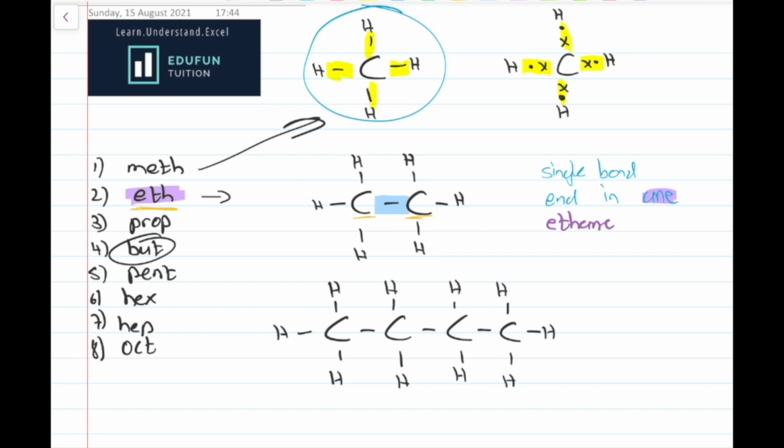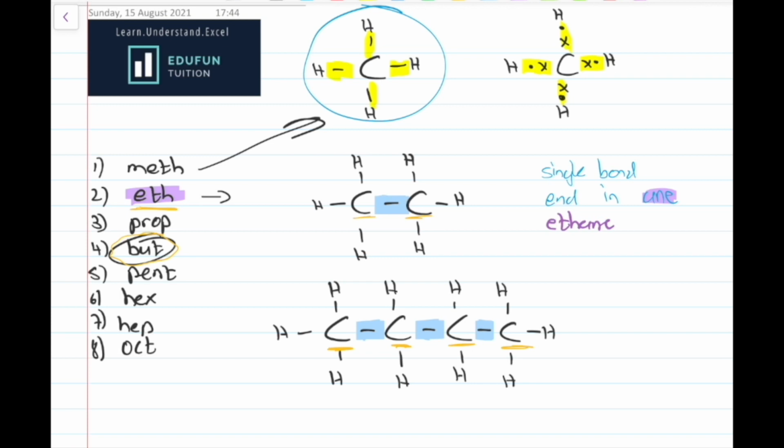Done. Now again, important to see that we have 4 carbons directly attached to each other, which would then entail that we should be dealing with a 4 carbon main chain, so but. And then all we do from here is we say this. There is definitely single bonds only between these carbons. We'll get to the double bonds later on in our actual first class, but for now, just the single bonds.